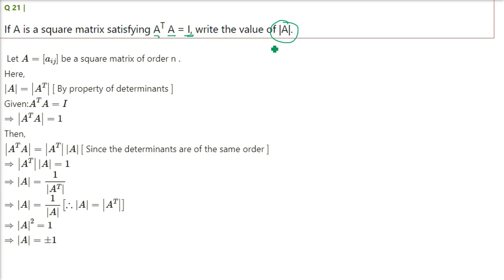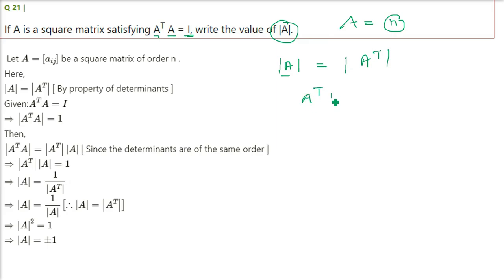So I'll show you step by step how we are going to get this value. A is a square matrix. The order is n by n. When we take the determinant of a matrix, whether you take the determinant of A or the determinant of A transpose, transpose is simply changing rows to columns, and it is going to be the same. It won't change. First thing, okay.